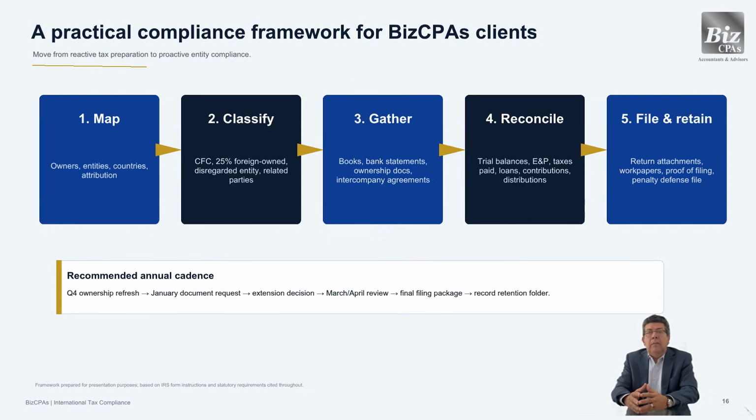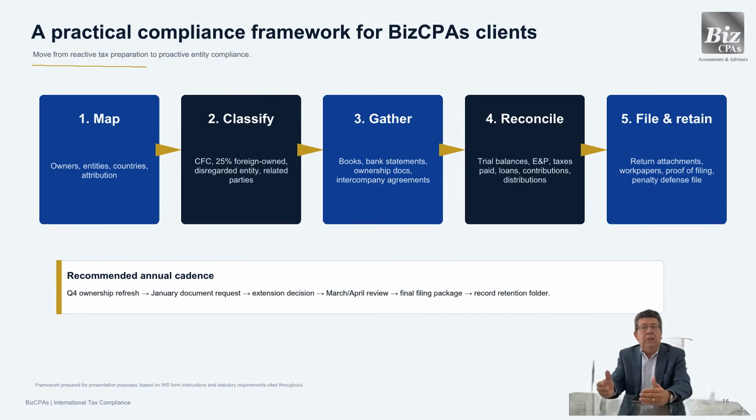Okay, now, normally an example, a summary of what we usually do and what a proper CPA will do, moving from reactive to proactive, because instead of being reactive to this, we want to be proactive. And here in this slide, I'm showing you what we do. Map: we identify the owners, the entities, the countries, classify them, whether it's controlled foreign corporations, less than 25% owned, disregarded entities, related parties.